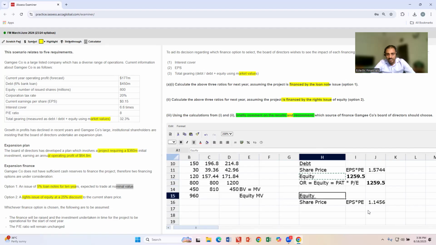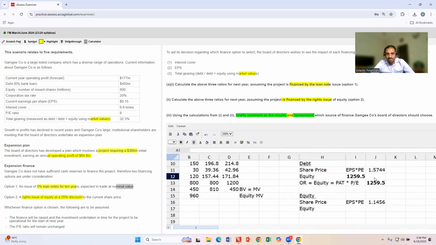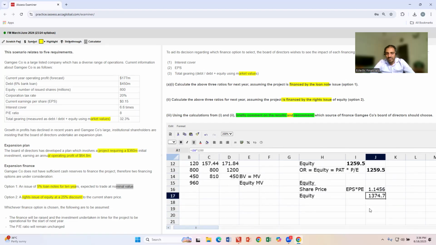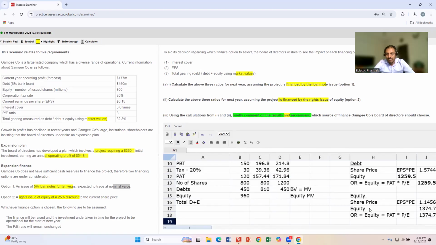And for equity, how much is the number of shares? 1200. The number of shares, 1200. 1374. Or you can calculate with this, means profit after tax multiplied by it. Same.